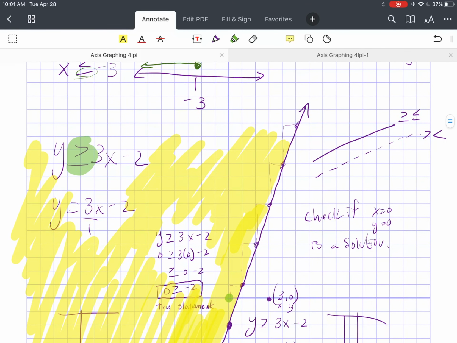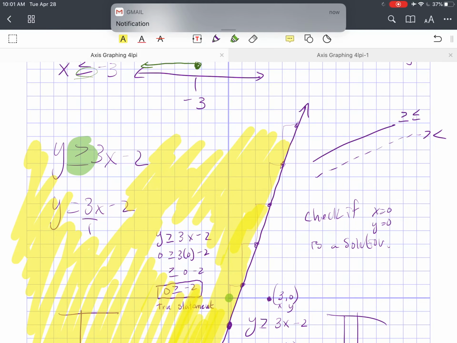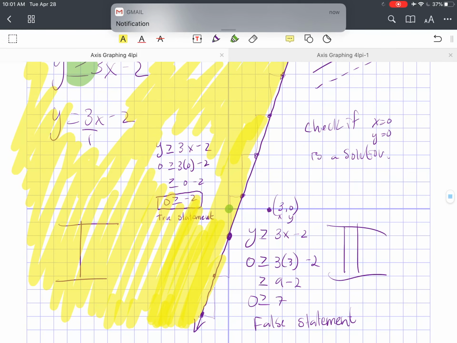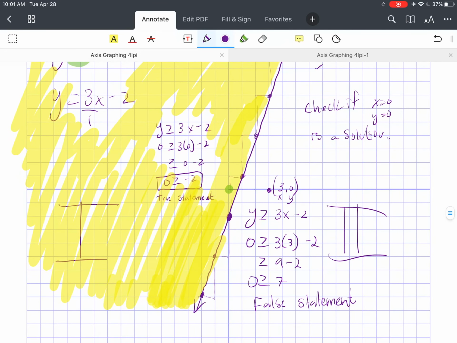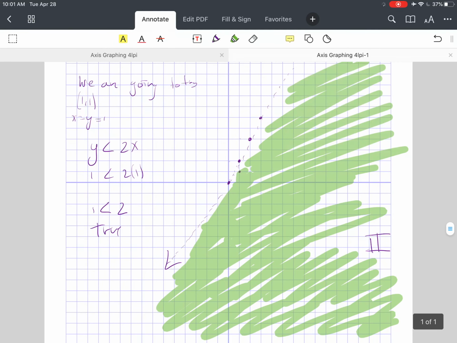Now, I can say this. If the inequality is greater than, it's going to be the top portion of the line, the upper portion, as you see here. You're going to graph the top portion.